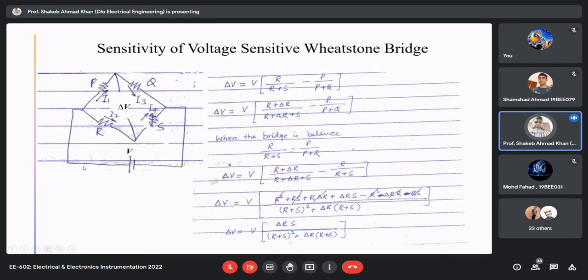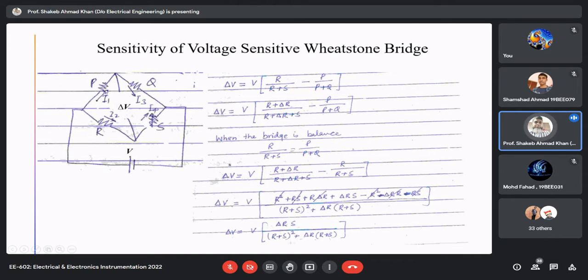Suppose you must have seen carbon resistances, normal carbon resistances. They are basically quarter watt. Carbon resistances are available in quarter watt and half watt also, but the most common one you must have seen is quarter watt.